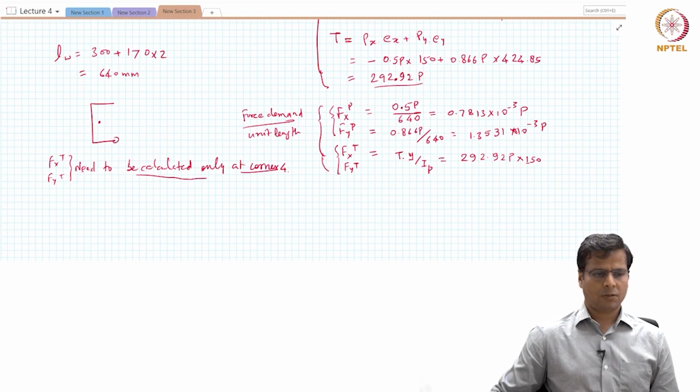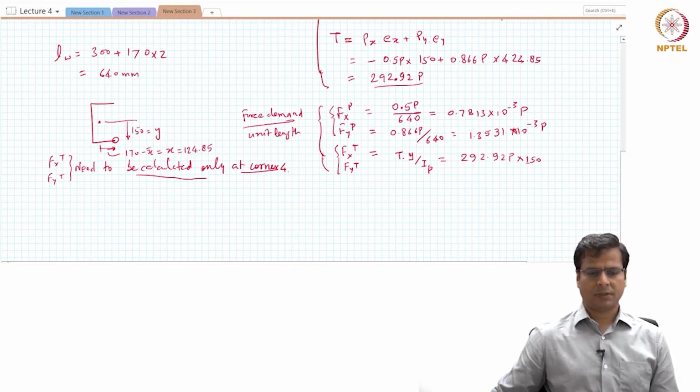So this corner is at a distance of 150 millimeter in y direction and at a distance of 170 minus x bar, which is equal to 124.85, in x direction. Okay, that is the distance from the centroid.